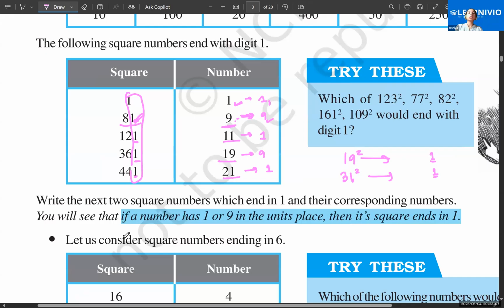Yes, write this down. If a number has 1 or 9 in the unit place, the square of 1.